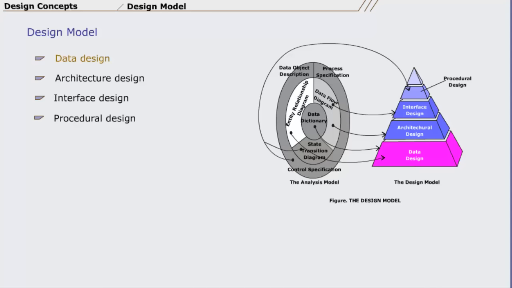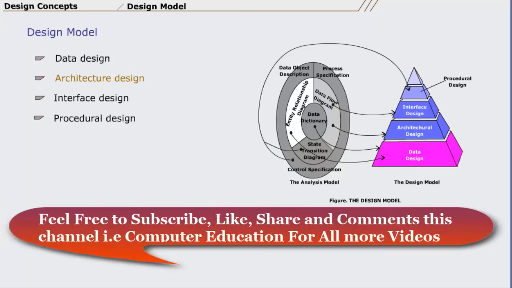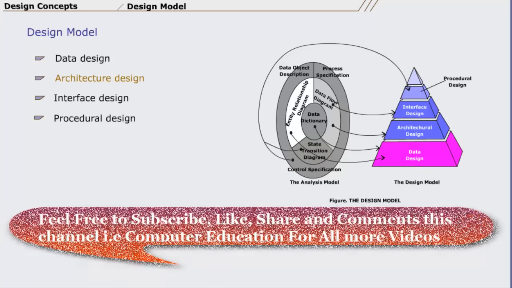In the data design, data structures are created that will be required to implement the software. Data dictionary and ERD are the basis for data design. The architecture design defines the relationship among major structural elements of the problem, the design representation.